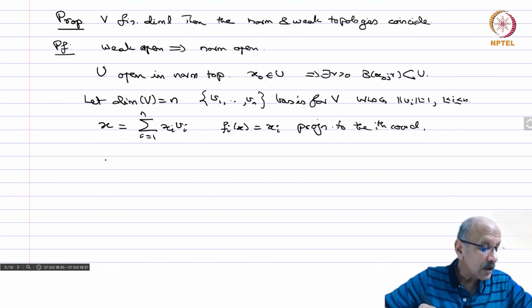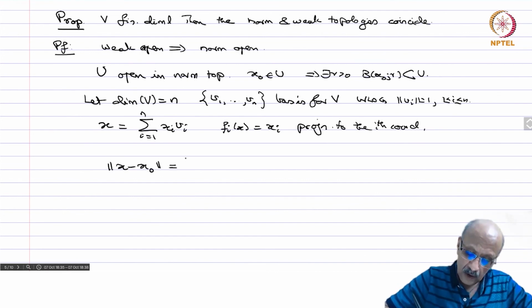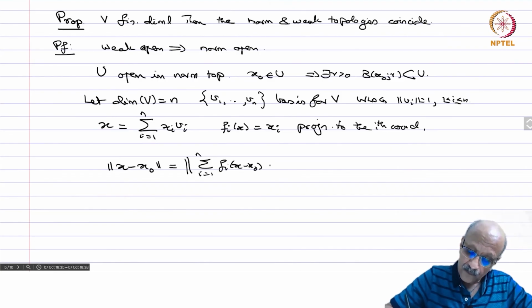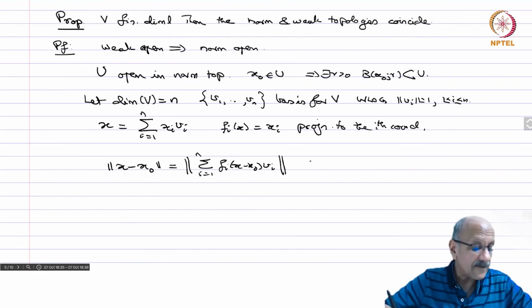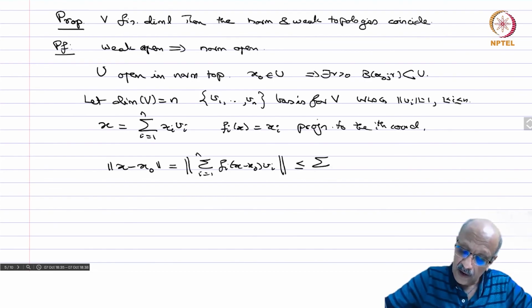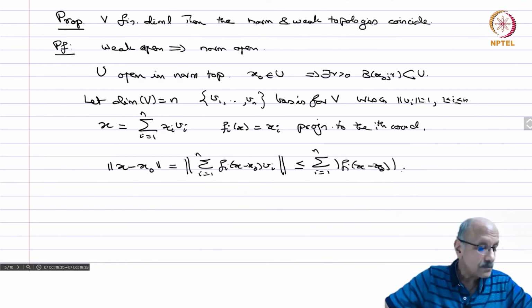Okay. So then you have the norm of x minus x naught is equal to the norm of sigma i equals 1 to n fi of (x minus x naught) into vi. So that is how the projections have been defined. That is less than or equal to sigma i equals 1 to n mod fi of (x minus x naught). Okay.